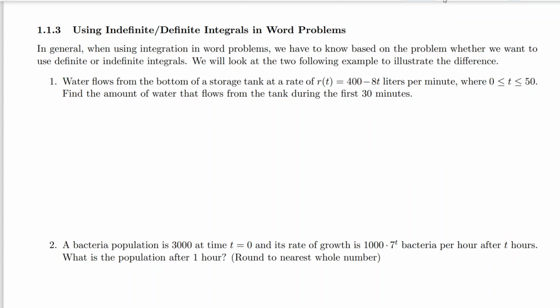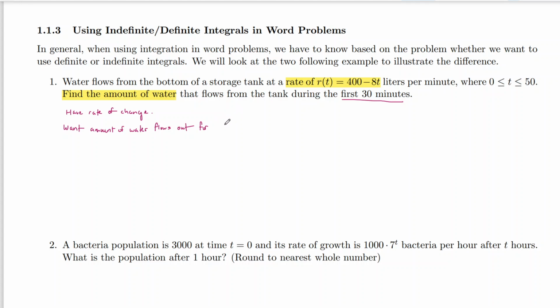Well, one of the big things here is that we're given the rate. This is like its derivative, and we want to find the amount of water, which is the original. So just to break this down in words, we have the rate of change, and we want the amount of water that flows out during the first 30 minutes.